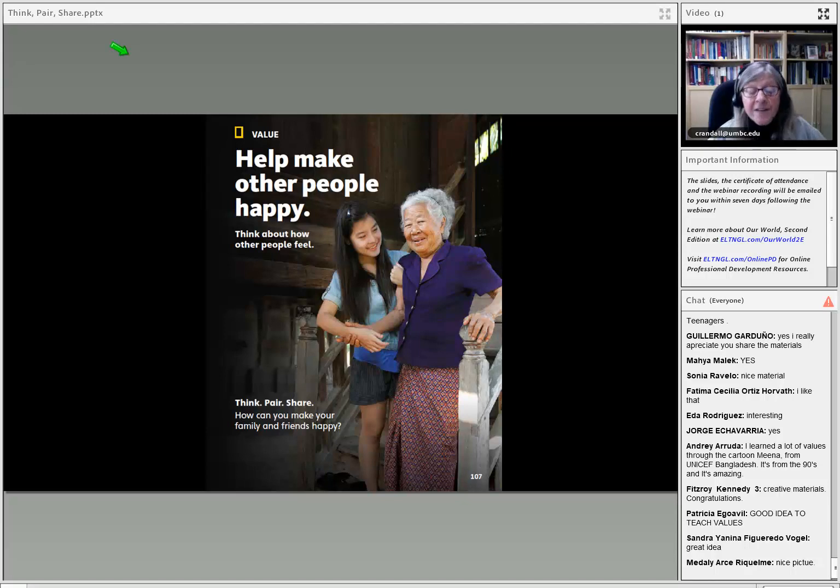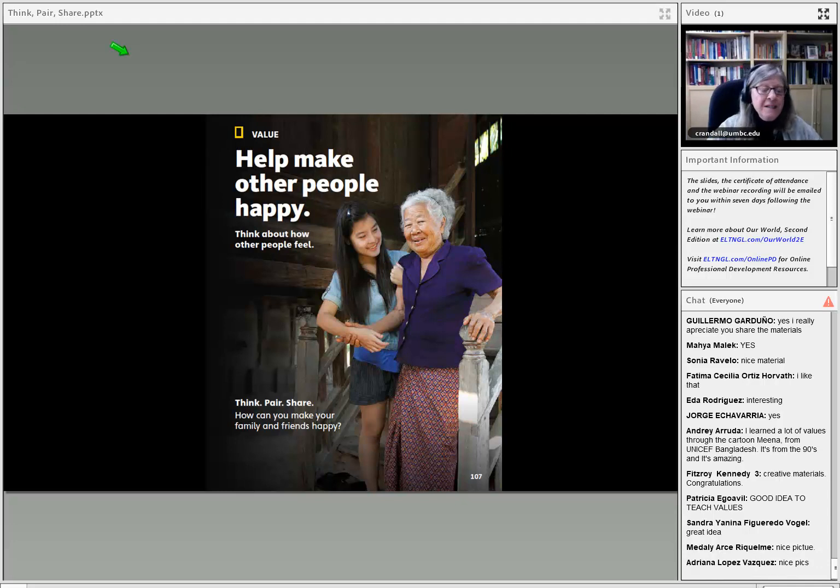She's probably helping her down those stairs. But what's also nice about this is, besides making her happy, it's very respectful. And we're going to be able to see how sometimes values actually overlap. I'm seeing a great deal of respect from this young woman to the older woman, as well as caring for her and trying to make her happy.